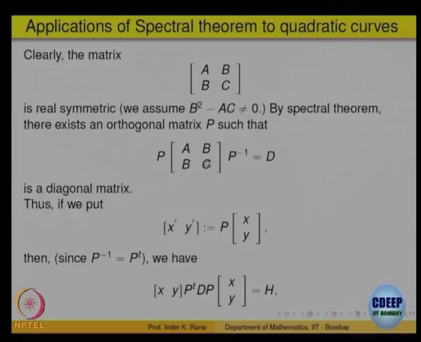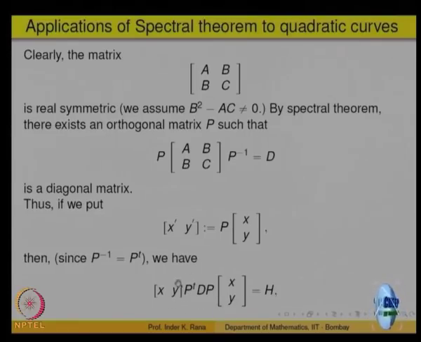This matrix A, multiply by P inverse on both sides, so it is P inverse D P, but P inverse is P transpose. So, it is precisely P transpose D P, this is your matrix, and (x, y) was already there. So, that is equal to h.